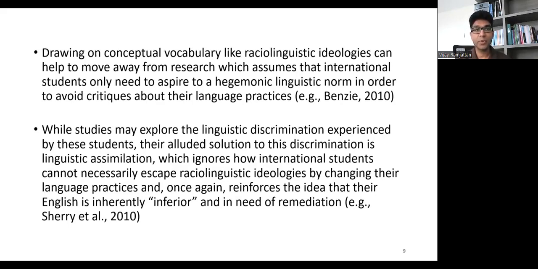So while studies may explore the linguistic discrimination experienced by these students, their often implied solution to this discrimination is actually linguistic assimilation, which ignores how international students cannot necessarily escape racial linguistic ideologies by changing their language practices, and once again reinforces the idea that their English is somehow inferior and in need of remediation. So by acknowledging the intertwining of language and race, future research can better detail how the alleged linguistic deficiencies of international students are ideologically produced by external perceptions of their racialized bodies.